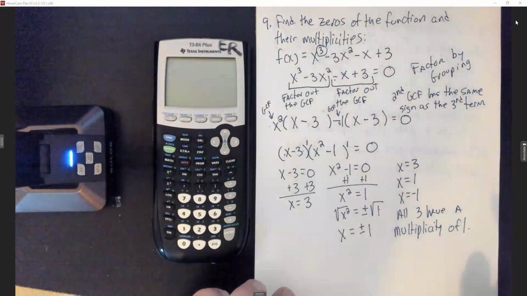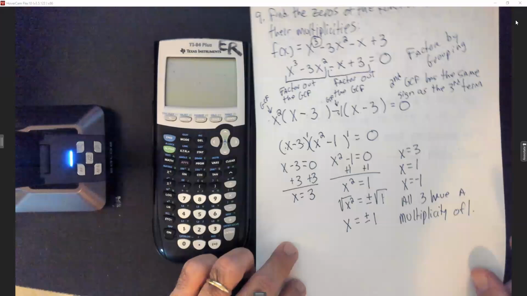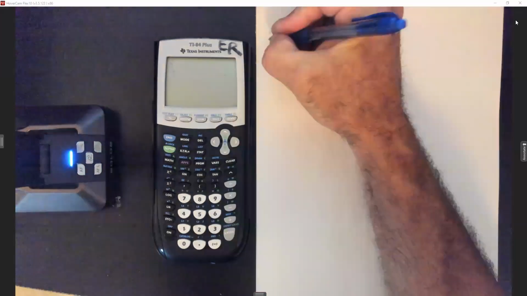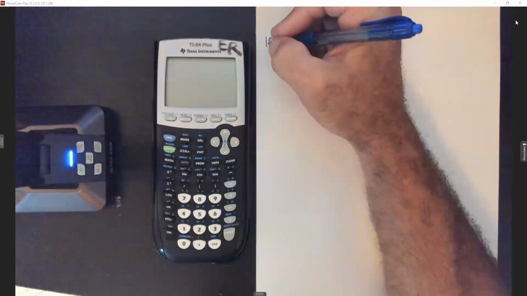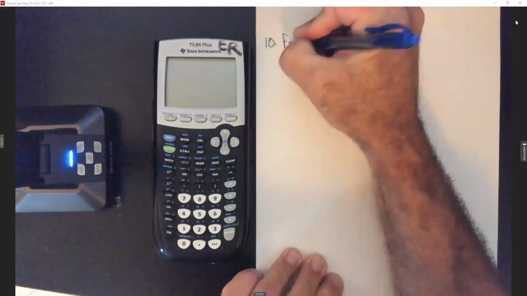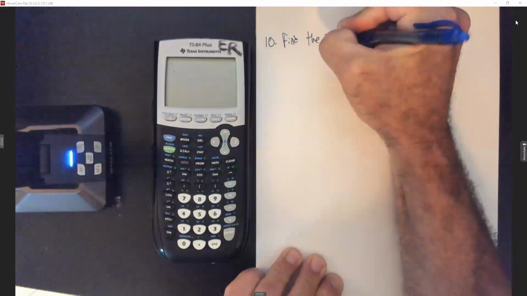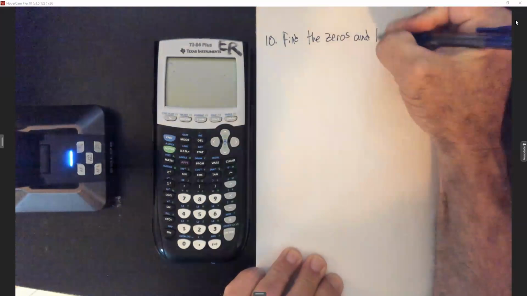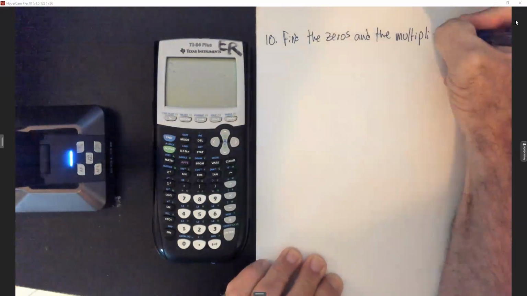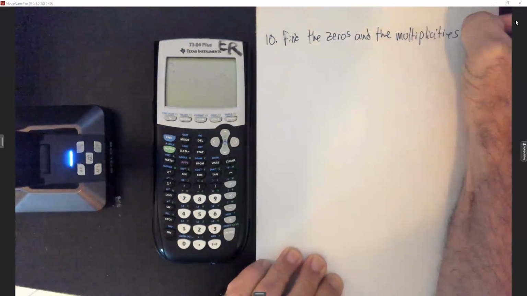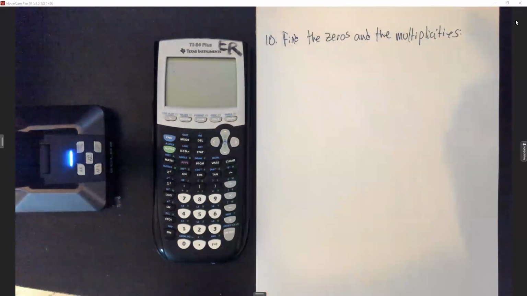All right, so I'm going to do another one with the grouping so that you can get more practice on it. So this will be like number 10. We're going to find the zeros and the multiplicities. All right, so here we go.